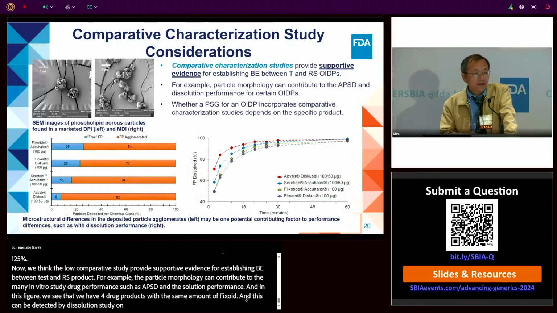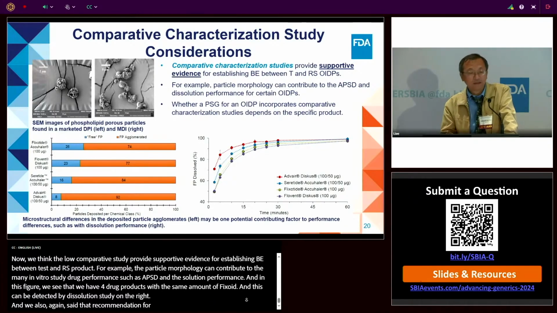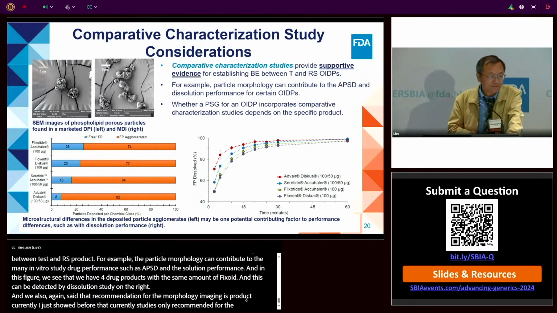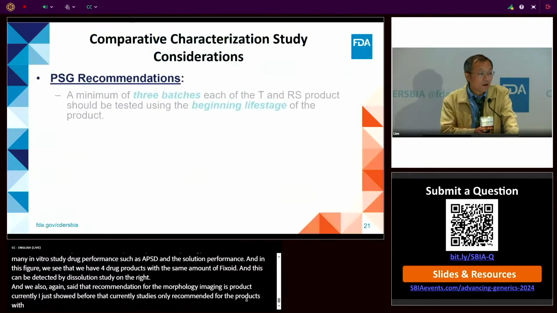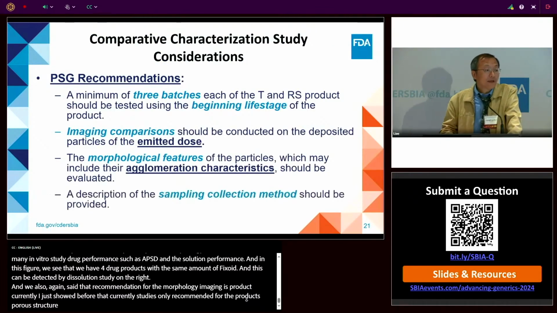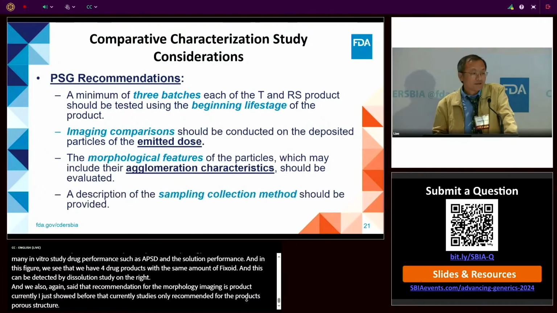And we also note again that the recommendation for the morphology imaging is product specific. Currently, just as I showed before, this study is only recommended for the products with porous structure. The PSG recommended 3 batches of T and RS products and tested at the beginning stage of the product.